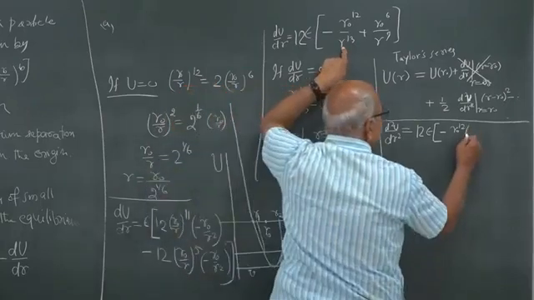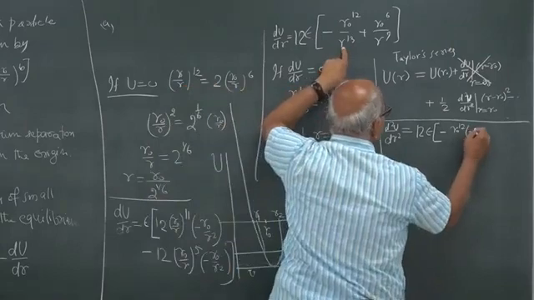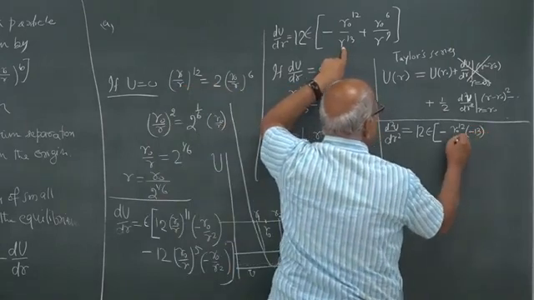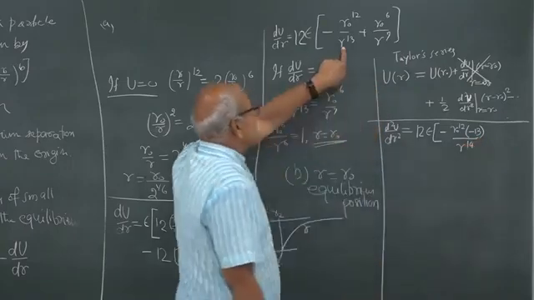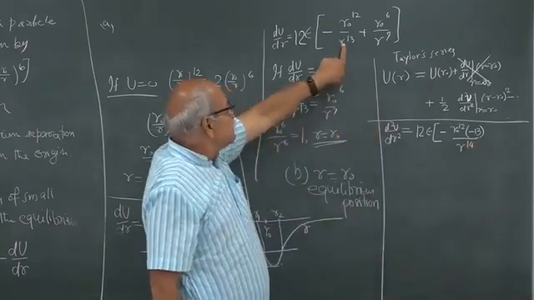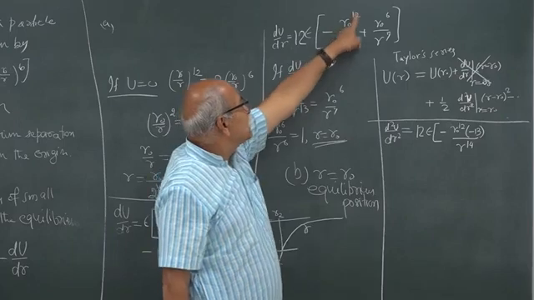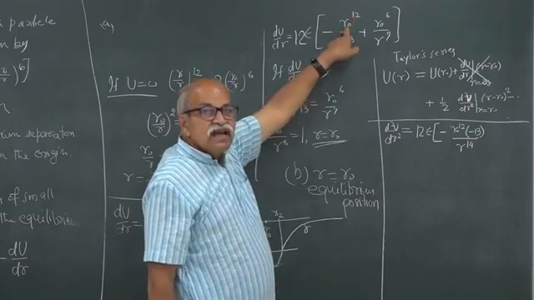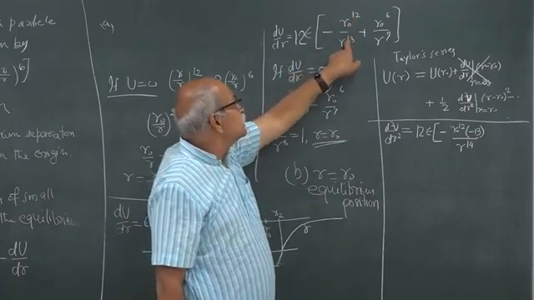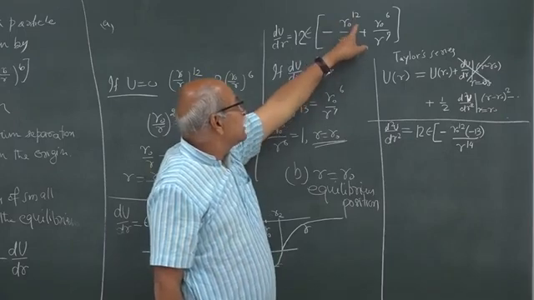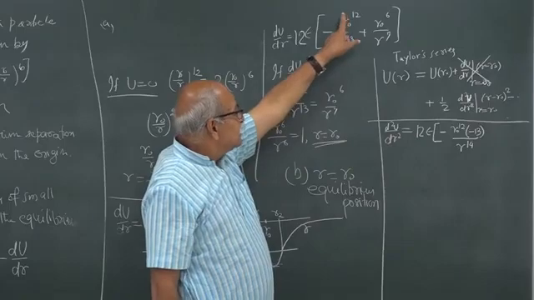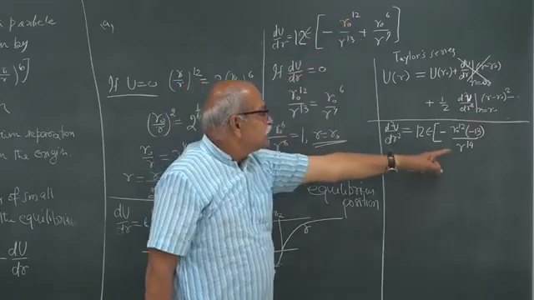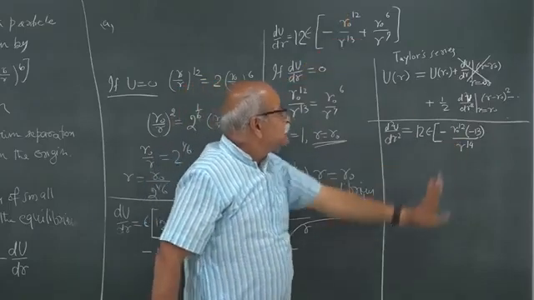So, minus 13 here and then r to the power minus 14. So, r to the power 14 in the denominator, right. I have written r naught to the power 12 which is constant, and then I have to differentiate. So, I am differentiating r to the power minus 13. So, minus 13 r to the power minus 14, r to the power minus 14 is written as r to the power 14 in the denominator.